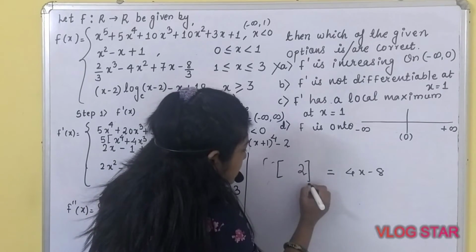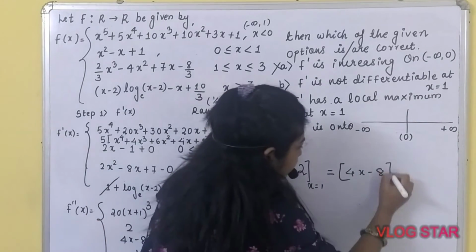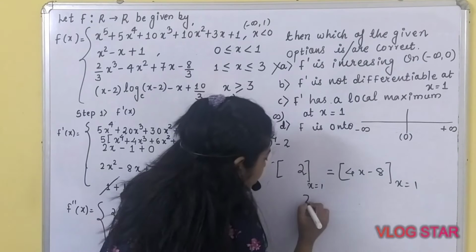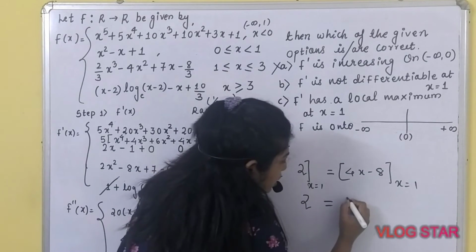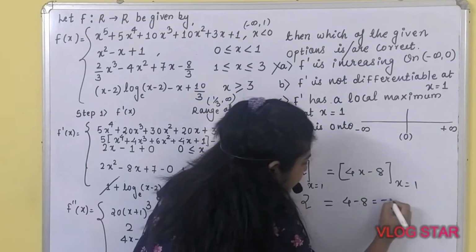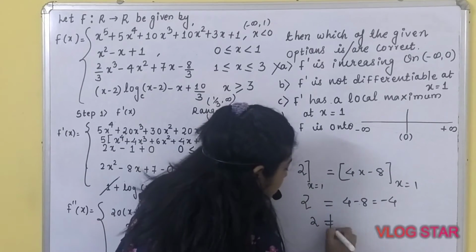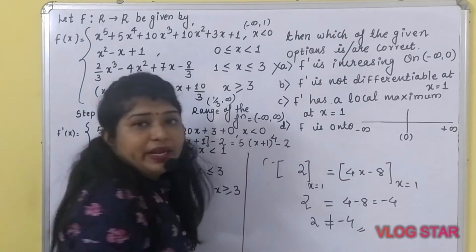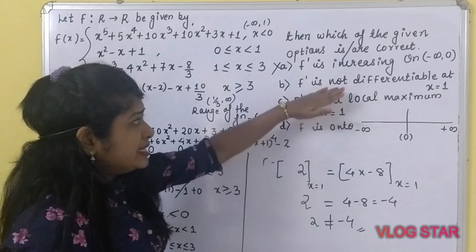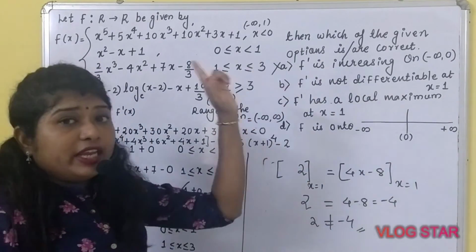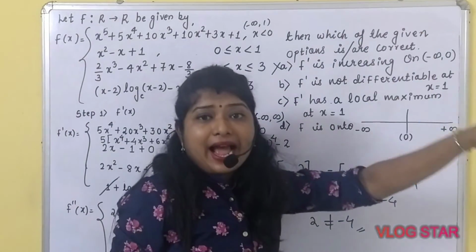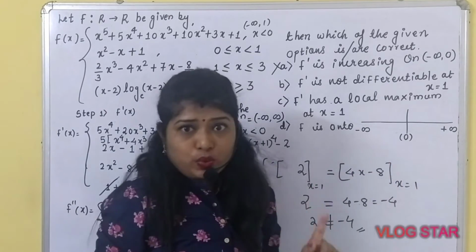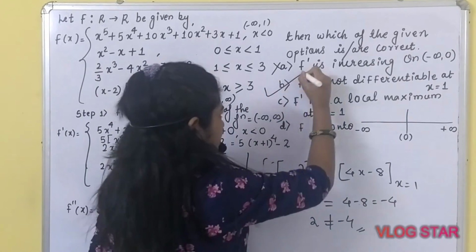If you substitute x is equal to 1, here you will get 2 and here you will get 4 minus 8 is equal to minus 4. So as per f double dash of x, you can easily say that f dash is not differentiable at x is equal to 1. So this option is correct.